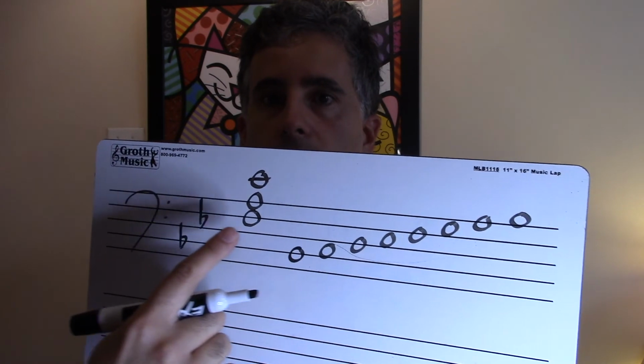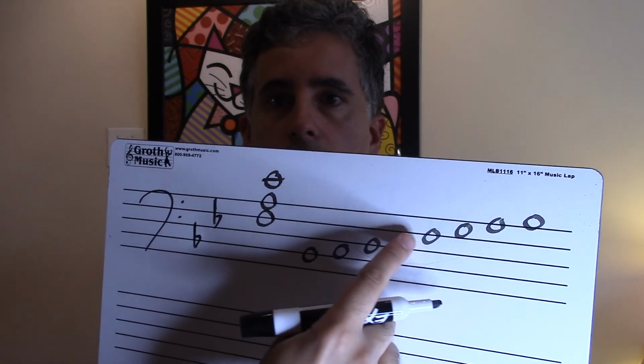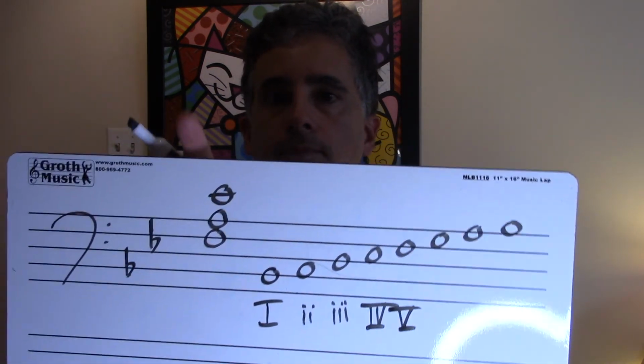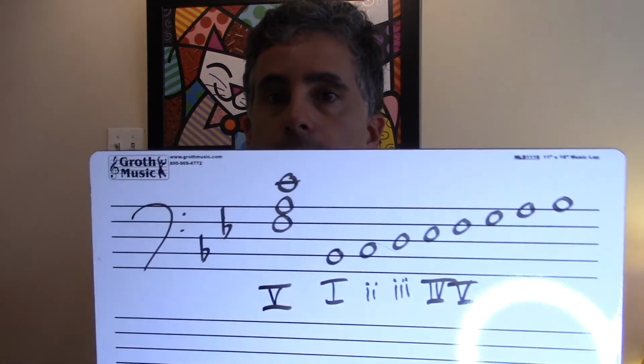So I just got to slide over to this note, and we put Roman numerals under each one of these. Alright, and I actually don't have to go farther than that because I've already run into my chord. And we realize that this is the 5 in B flat major.